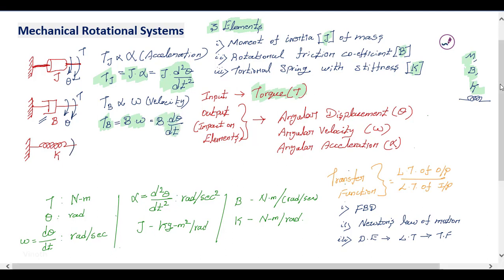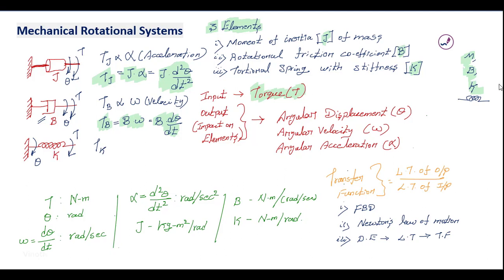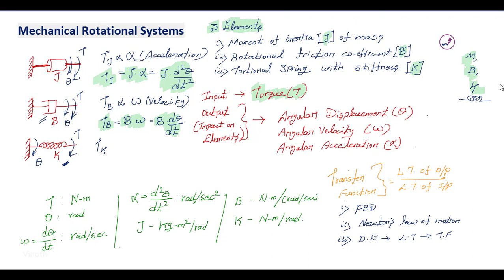And at the spring element, when torque is applied, the direction is the same as the direction where the torque is applied, and the opposing torque due to the spring stiffness, which is the elastic deformation of the body, is represented by the spring constant K. When a torque is applied on the spring element, it is twisted by an angle theta, and theta is in the direction where the torque is applied.